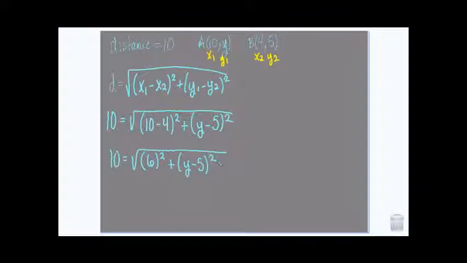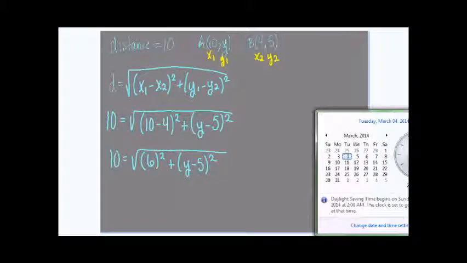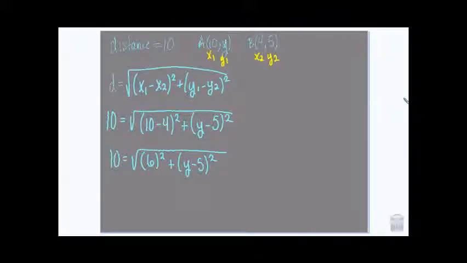Now I usually go ahead and get rid of the square root first. So what I want to do is I'm going to square both sides. I square both sides to cancel out the square root.